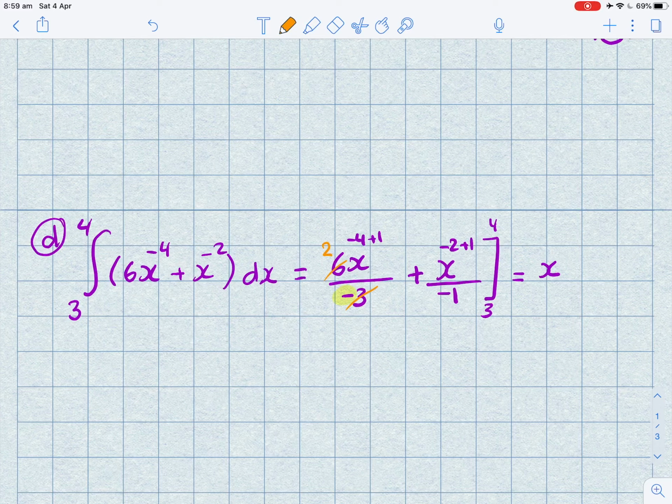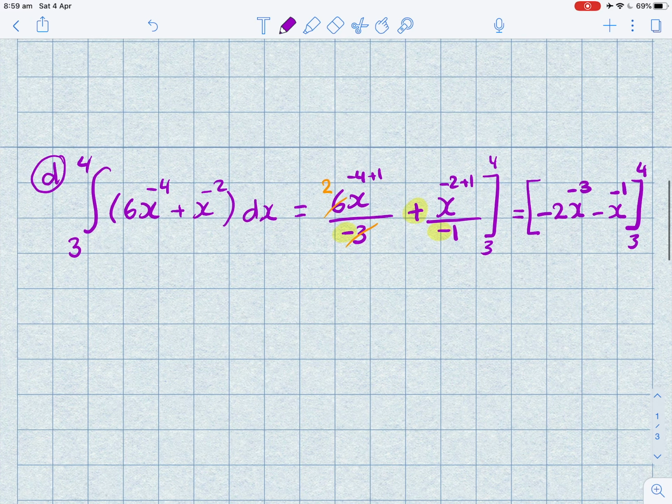So this is going to be minus 2x to the power minus 3. And again, we also have this minus and this plus. So plus times minus is minus. So it's going to be minus x to the power minus 1. And your limits from 3 to 4. Okay?